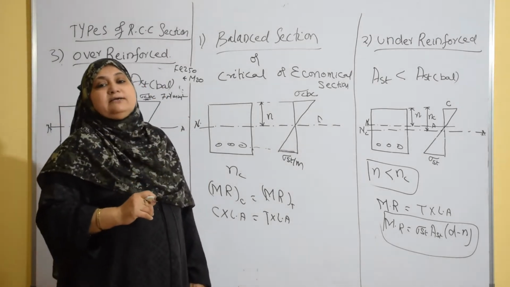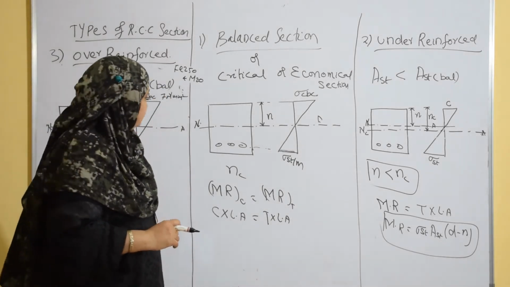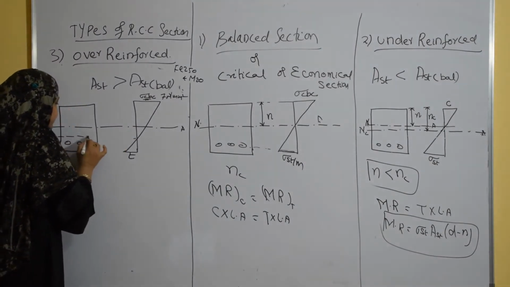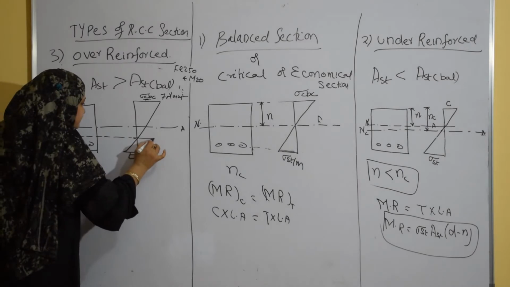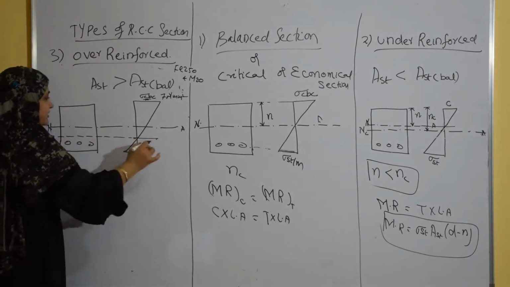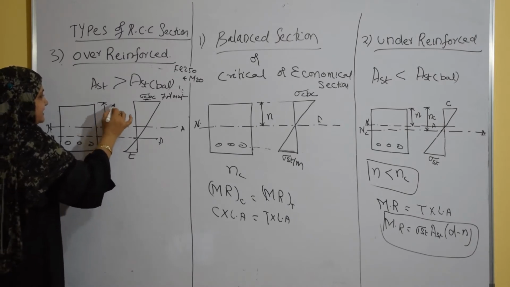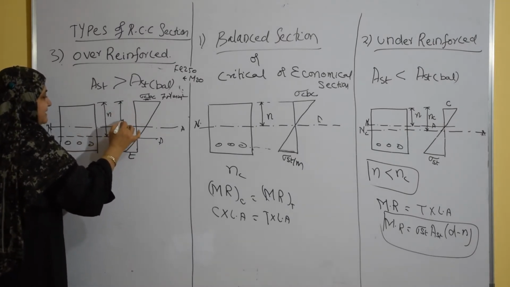It will be somewhat less than that. So this is how the neutral axis is coming somewhere below. You can see this is the actual neutral axis of the over-reinforced section. So this is your neutral axis N, whereas this is the neutral axis of a balanced section.